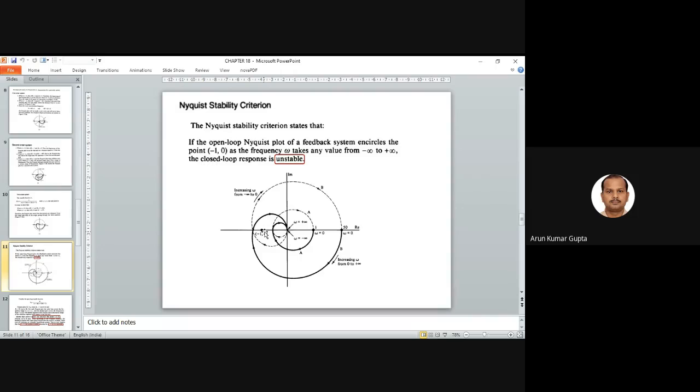And in a very rough way, if you hit this, right? If you hit this, you will be unstable. In this very rough way we can define it. If you hit this point minus 1, 0, you will be unstable, right?